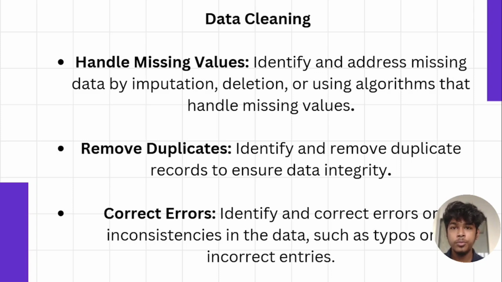In this, we will be removing duplicate values to ensure data integrity and make data better for analysis. Correct errors. We will be correcting errors and inconsistencies, such as typing errors. For example, if data is missing a value, we can remove it using algorithms or replace it by imputation.